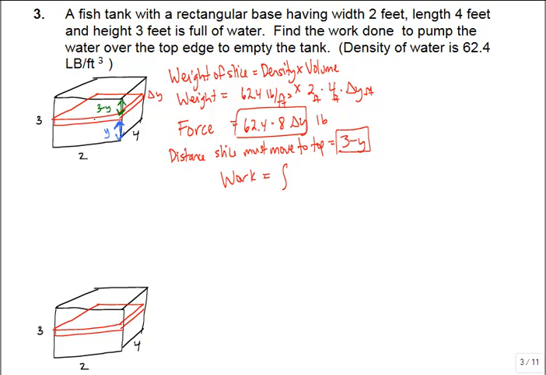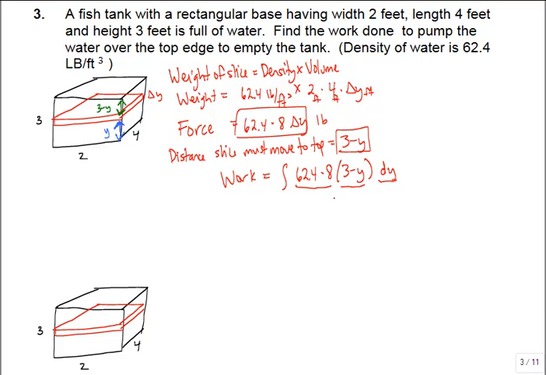This is kind of like our change in work when we multiply by that delta y, and if we make that delta y get smaller and smaller and skinnier, then that turns it into a limit, which turns it into our integral. So our work integral will be this 62.4 times this 8. This delta y is going to become a dy, and my distance, I'm going to use parentheses here, will be that 3 minus y. So here's my force, and here's my distance.